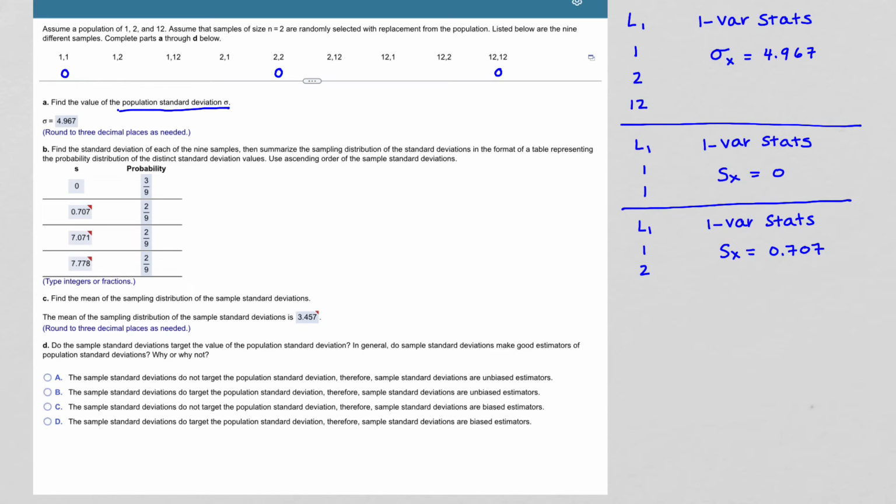So, I'm going to put that here. And I'm also going to put it here because the order doesn't matter. So I calculated 2 of those.